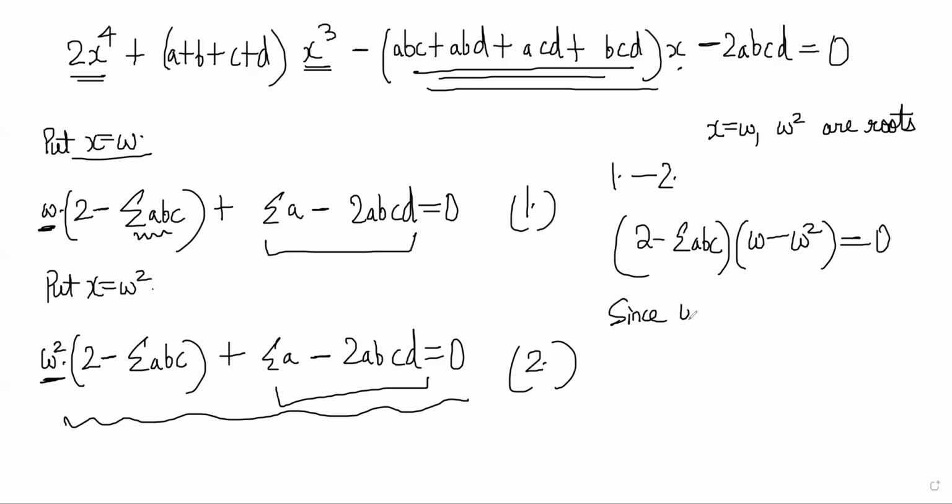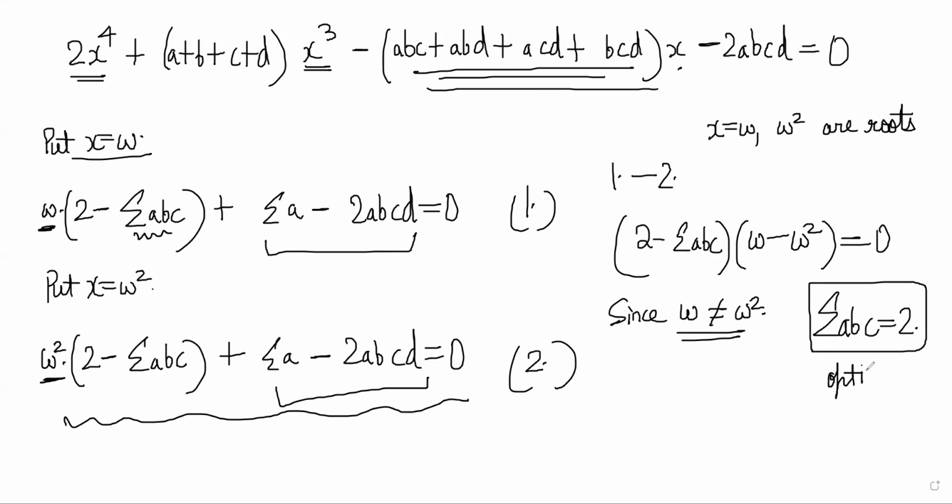And since w is not equal to w square, these are two different roots of unity, what we get is summation abc is equal to 2, right? So this basically gives us option B. Summation abc is the sum of the four terms abc plus abd plus acd plus bcd, and that is equal to 2. So that gives us option B.